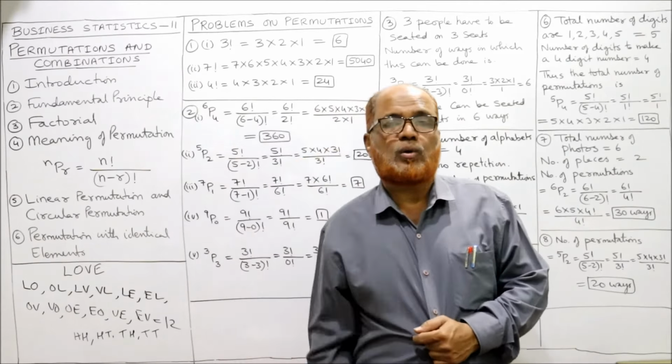I am not going beyond 3 because the denominator has 3 factorial, so we can cancel 3 factorial with 3 factorial. Now 5 fours are 20. So our answer is, in 20 ways we can select two items at a time out of a total of 5 items.